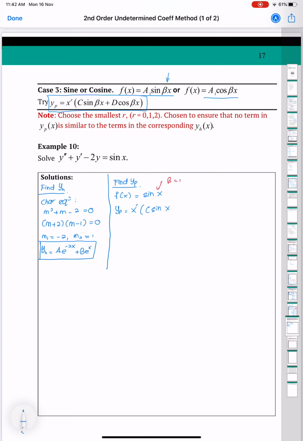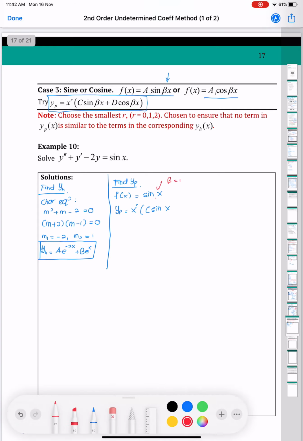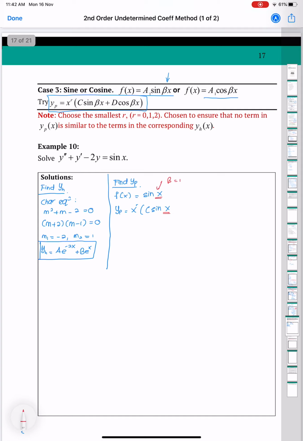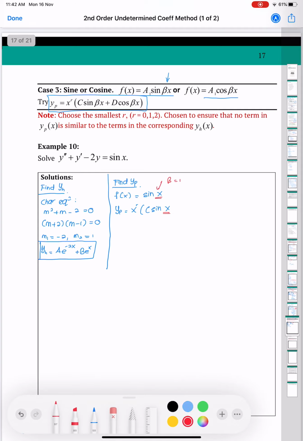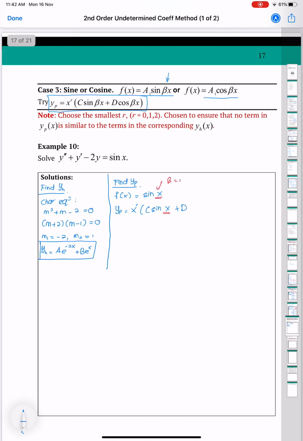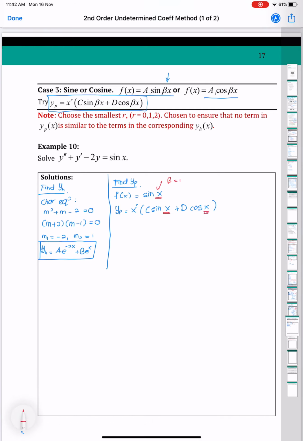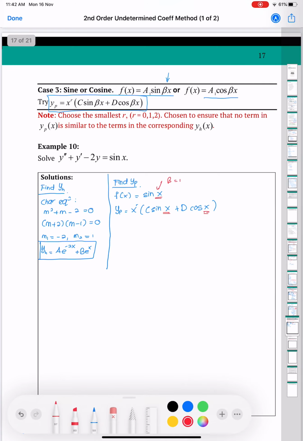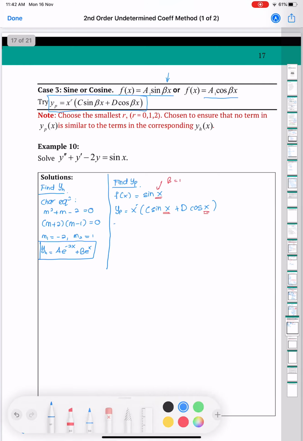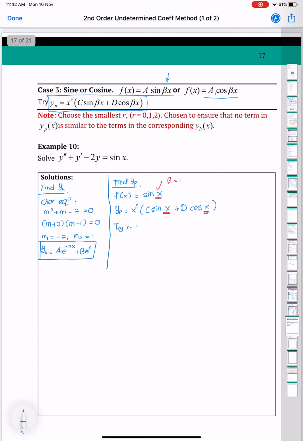So it must be similar. Here beta is 1, here also must be 1, plus d cos x. Depending on what is your beta in your f(x). So you try r equal to 0, you will get yp equal to c sine x plus d cos x.